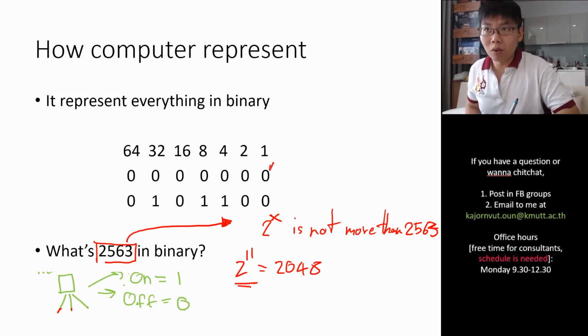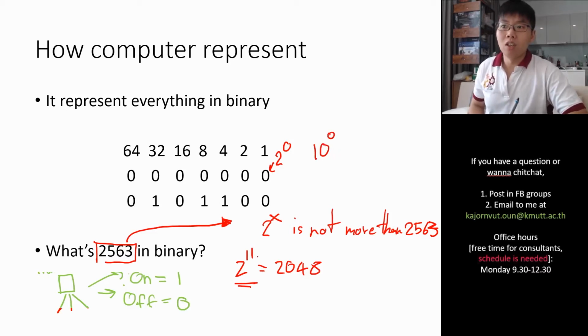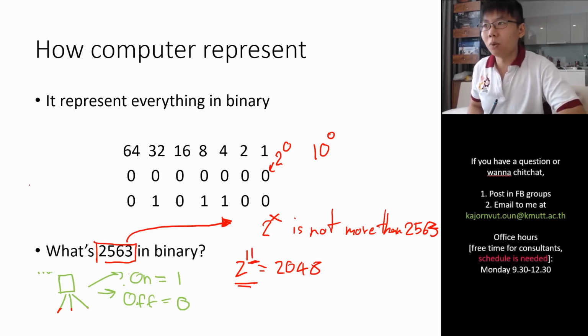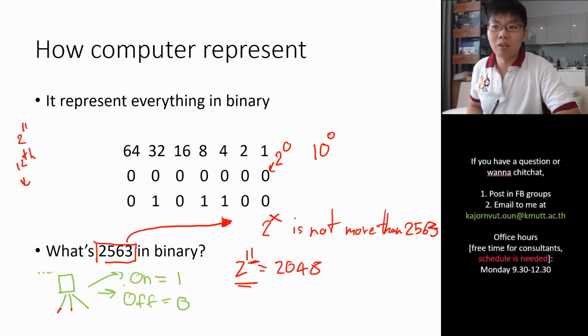Because the starting point here is always the digit value to the power of 0. If you remember, it's 2 to the power of 0, or back in our human 10-digit system, it's 10 to the power of 0, right? When the first digit is at 2 to the power of 11, then the first position should be at the 12th position here.